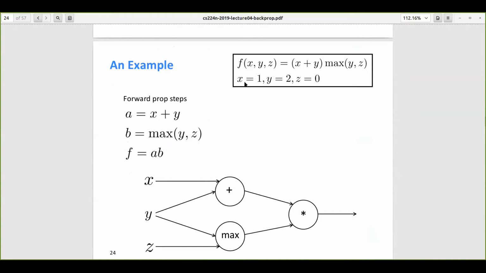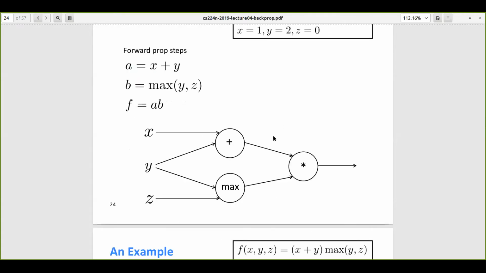We'll start by going forward, assuming some values: x is 1, y equal to 2, and z equal to 0. We constructed the same f equal to ab using some symbols here.